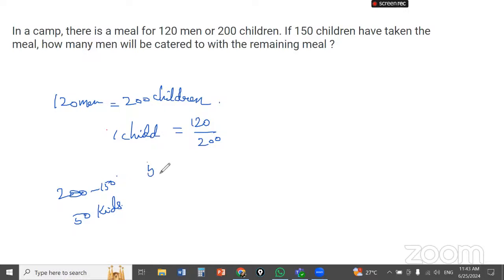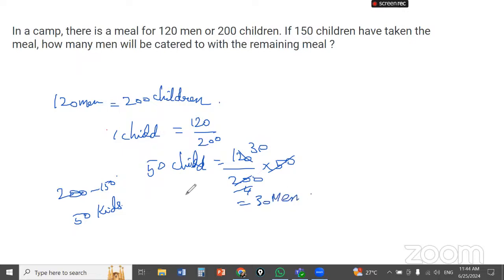So for 50 children, it's 120 upon 200 times 50. That's all. So we'll be multiplying it. So that is 30 men. So 50 children's meal can be given to 30 men. That's what they have given.